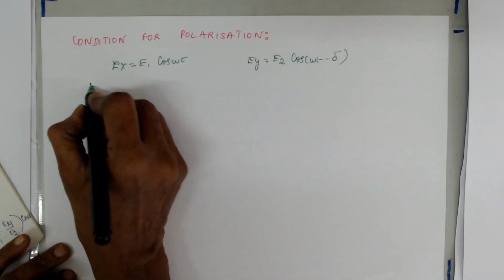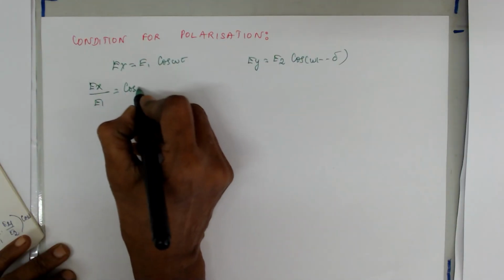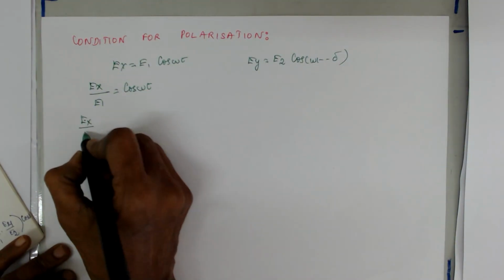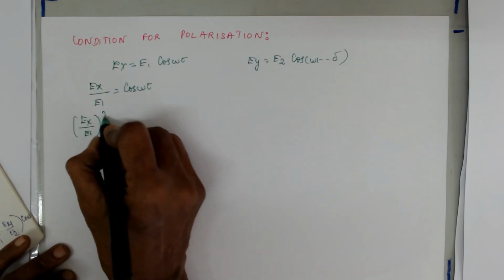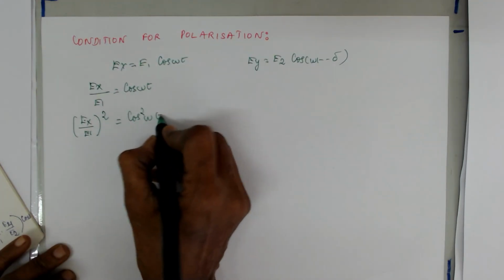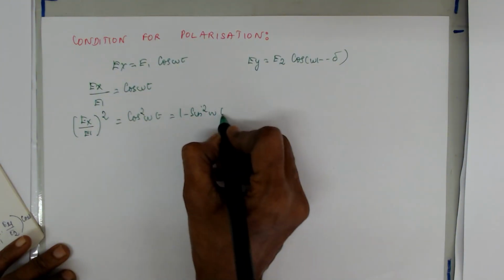So we can say Ex divided by E1 is equal to cos omega t. Squaring on both sides, we get Ex divided by E1 the whole square equal to cos square omega t, which is equal to 1 minus sin square omega t.